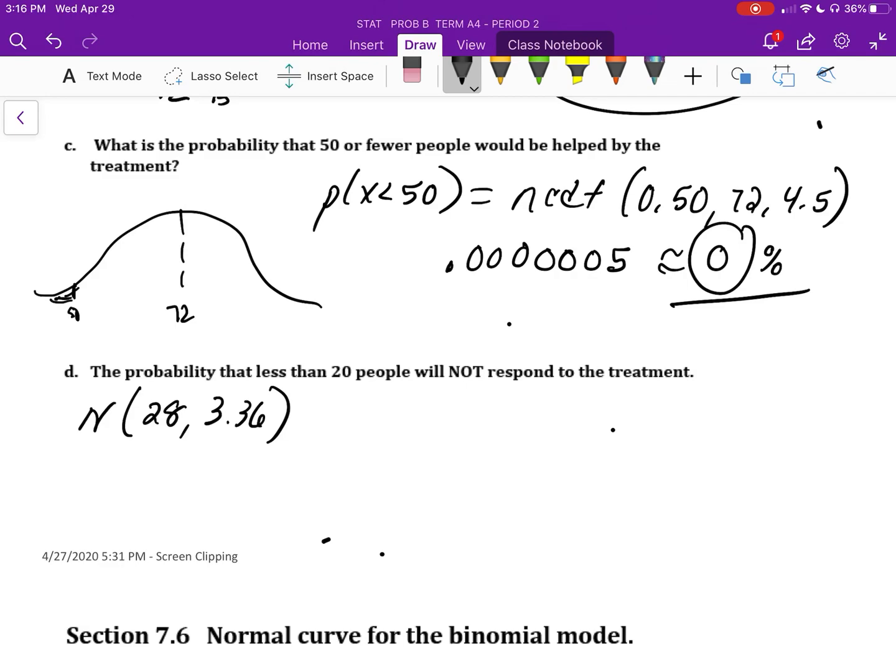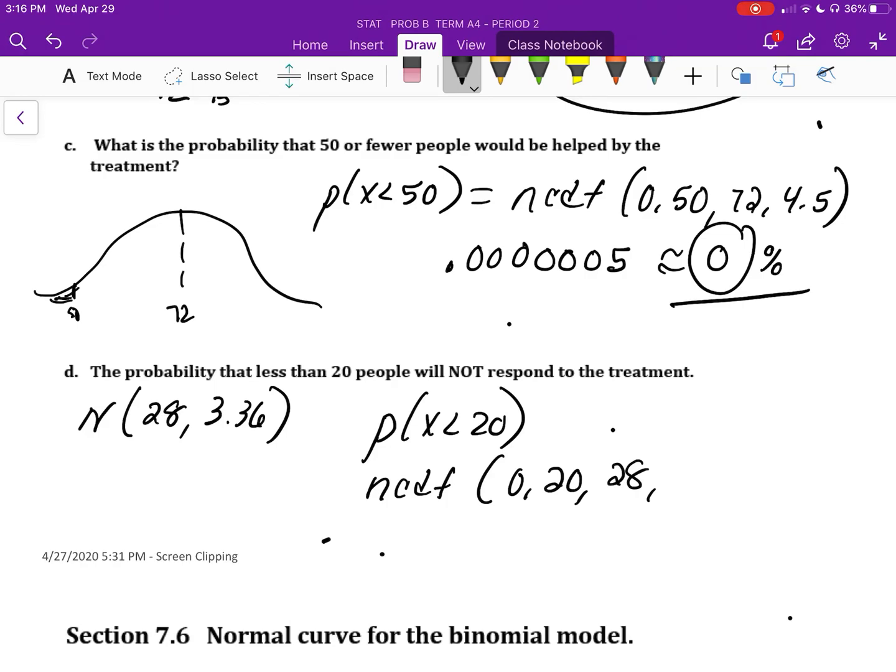So we want to know that less than 20 people will not respond, that x is less than 20. The only thing that changes here is for a normal CDF, it's 0 to 20, but the average number of people that don't respond is 28, and the standard deviation is 3.36.